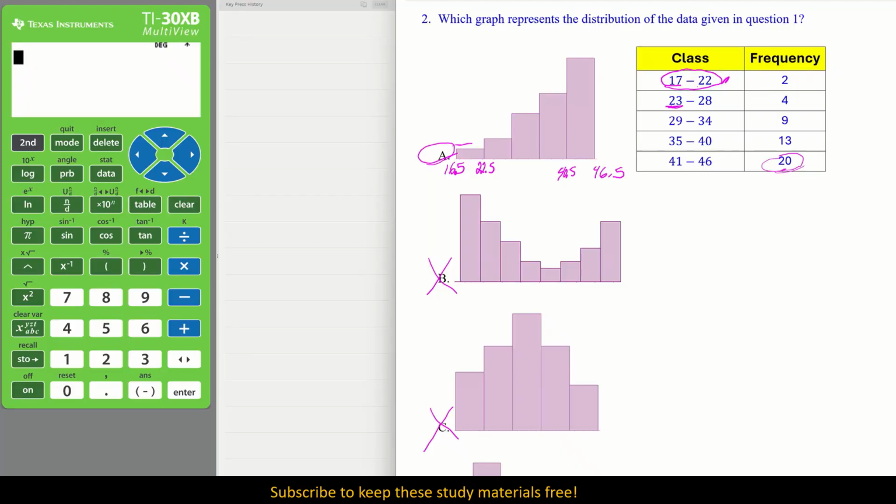And that would be the very most. There are 20 of those items. So yes, option A makes sense. Now, if you're not sure what I was talking about using the halves before and after, go look up histograms. Like I said before, brush up on these particular types of data charts. All right, let's go to number 3.